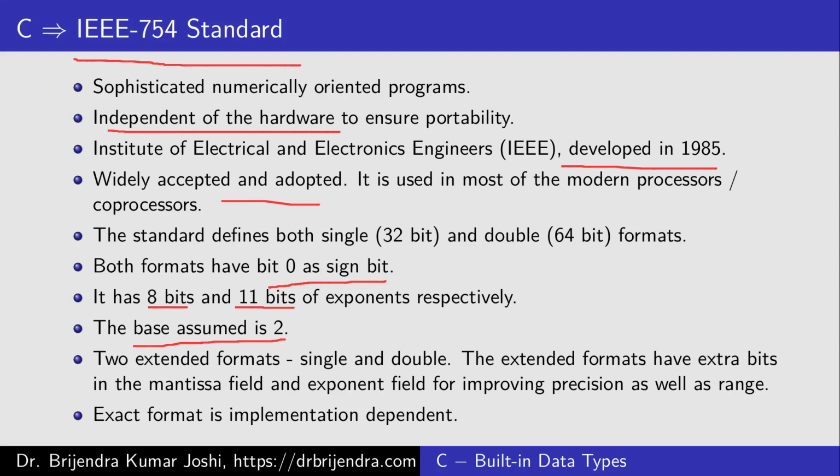But the standard defines two more extended formats, single and double. The extended formats have extra bits in the mantissa field as well as the exponent field for improving precision as well as range. But remember, the exact format is implementation dependent.